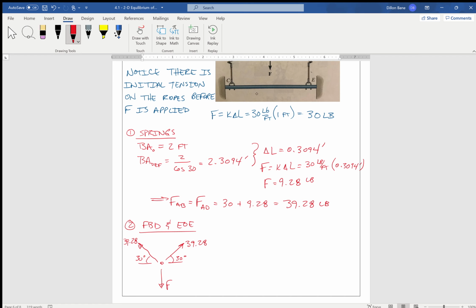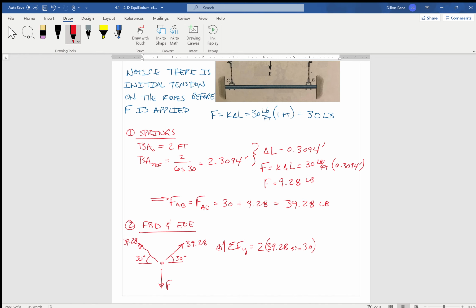Basically, all we need to do is solve for F, so let's just solve for forces in the y direction, up to be positive. And what we have is 39.28 times sine 30. And then we have it twice, right? We have it for FAB and for FAD. So I'll just take this, multiply by 2.